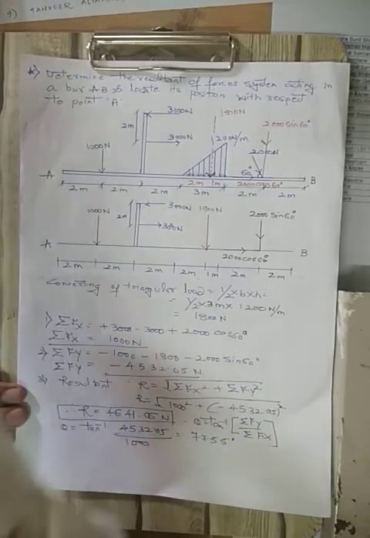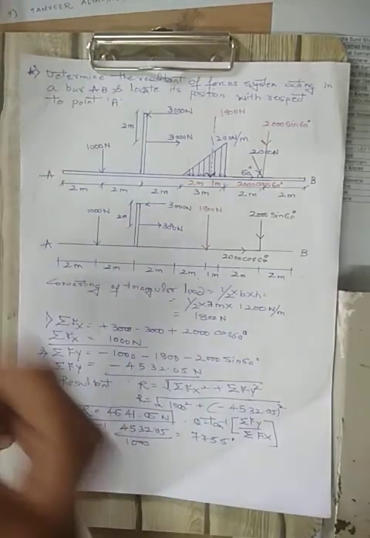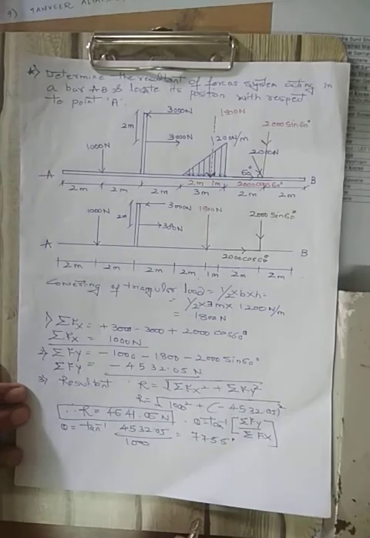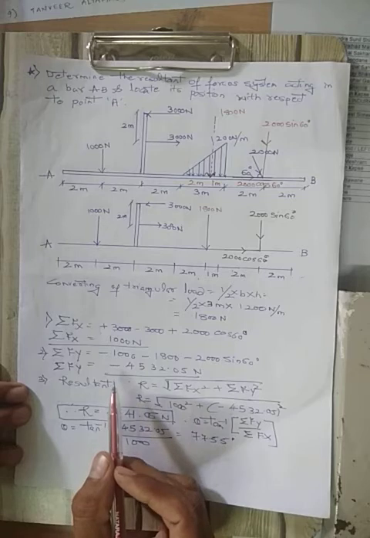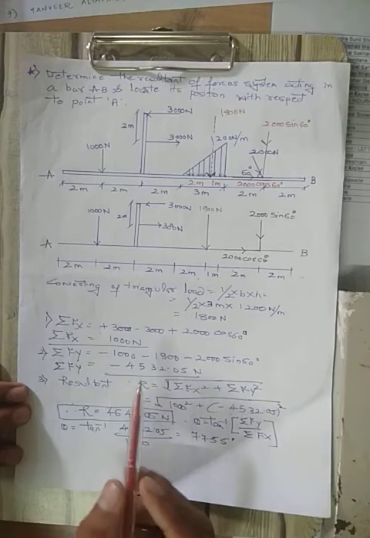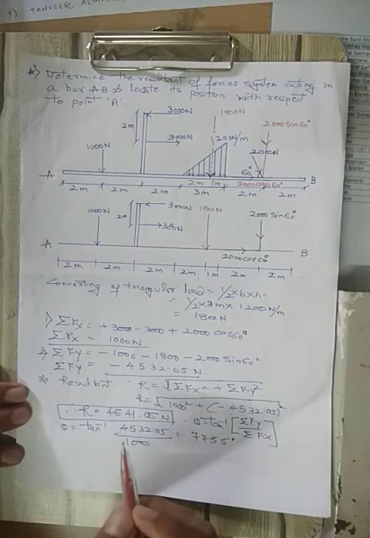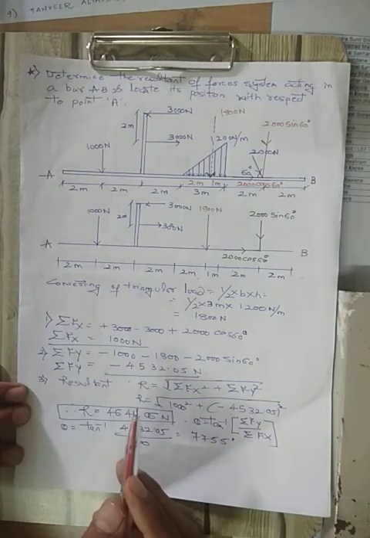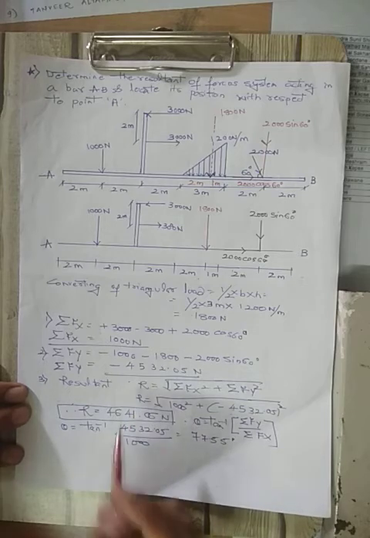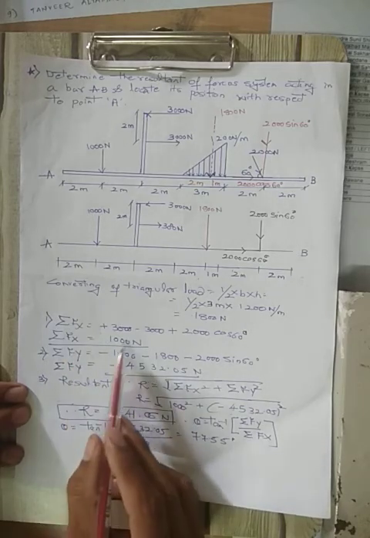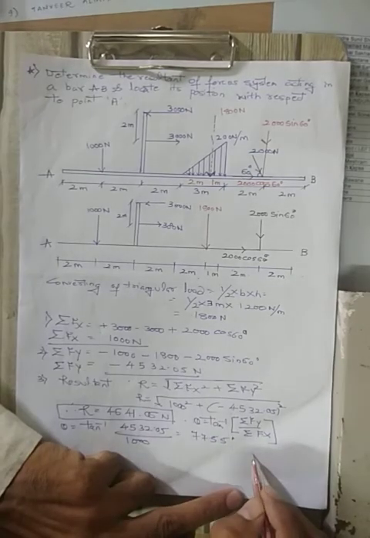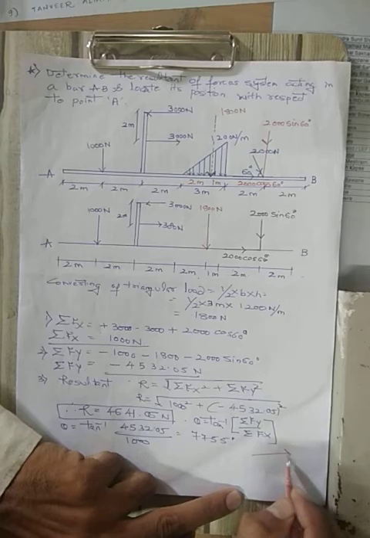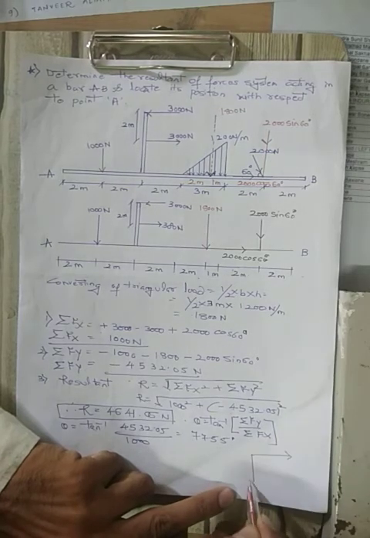Okay. So what does this indicate, whether the resultant lies in the first, second, third or fourth quadrant? Fx is positive, Fy is negative. If we have a graph, if both are positive, it will be in the first quadrant. If x is negative and y is also negative, second quadrant. Then third. Fourth quadrant is Fx positive and Fy negative. So Fx is positive, right side, Fy is negative.